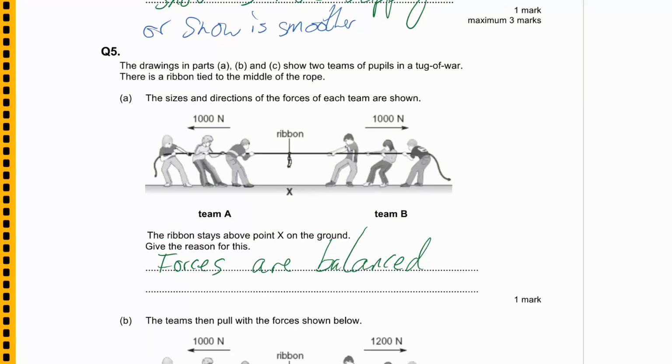Next question. Give the reason why the ribbon stays at point X. So you needed to say the forces are balanced.